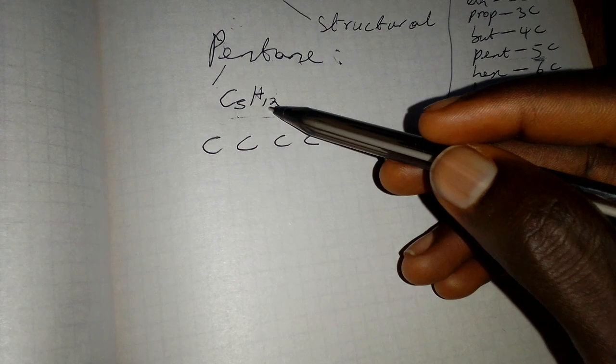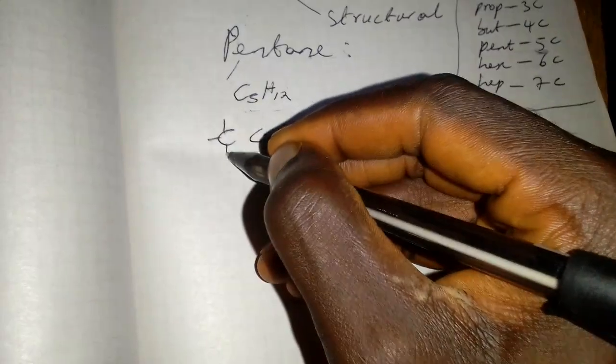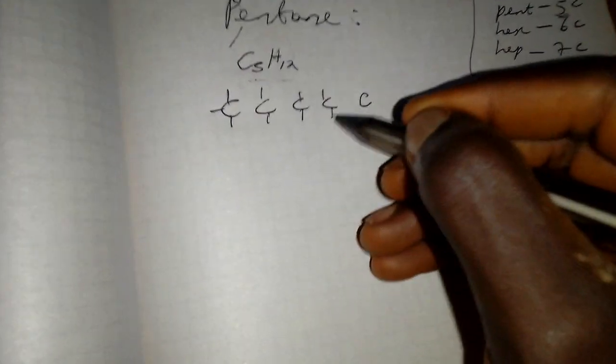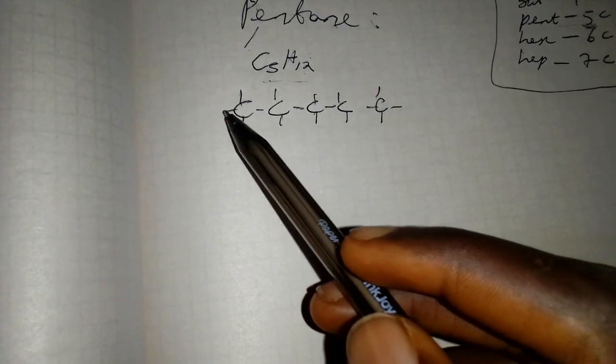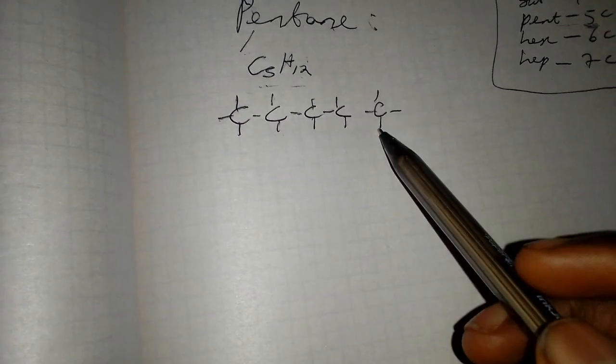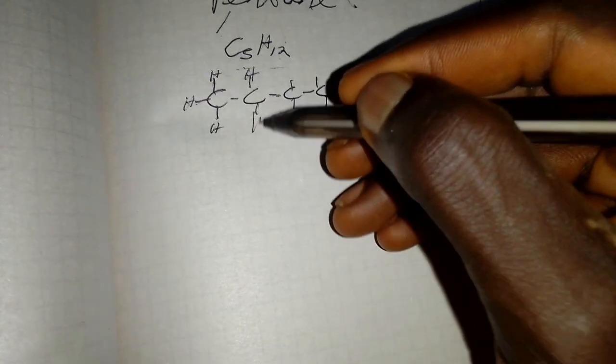Now here we have 12 hydrogen atoms. So if we count, we notice that we have 12 hydrogen atoms for pentane and 5 carbon atoms. So this is the first isomer of pentane that we have here.